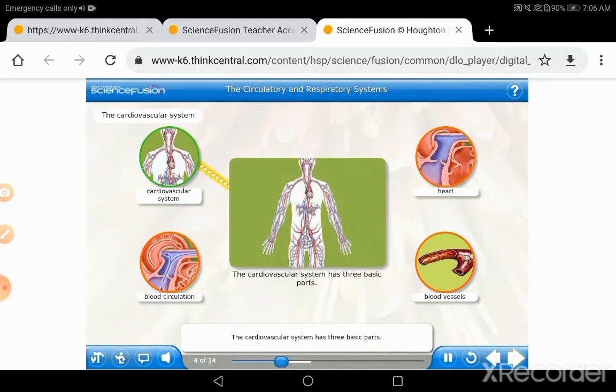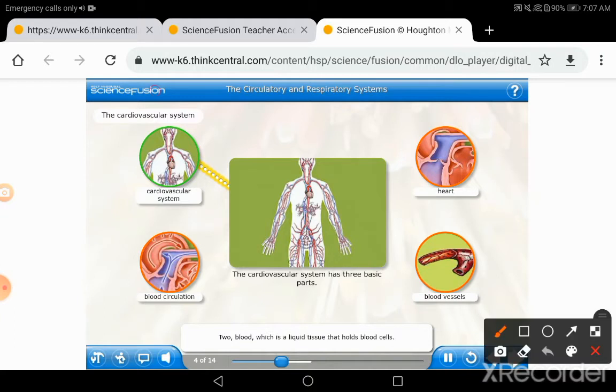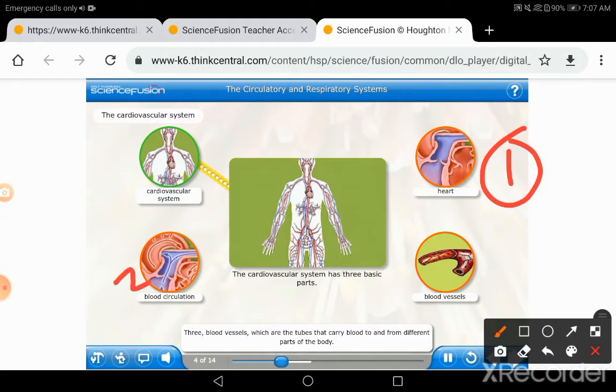The cardiovascular system has 3 basic parts. 1. The heart, which is the main organ. 2. Blood, which is a liquid tissue that holds blood cells. 3. Blood vessels, which are the tubes that carry blood to and from different parts of the body.